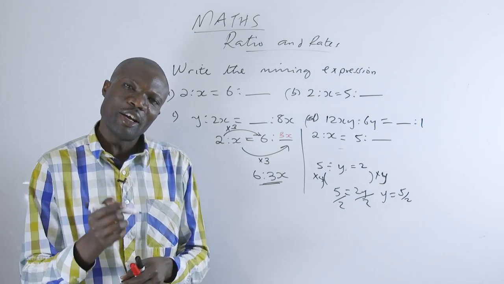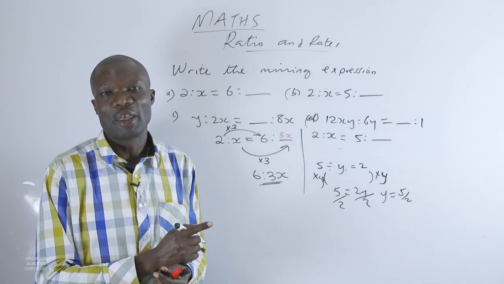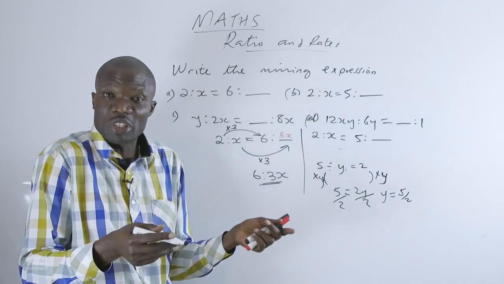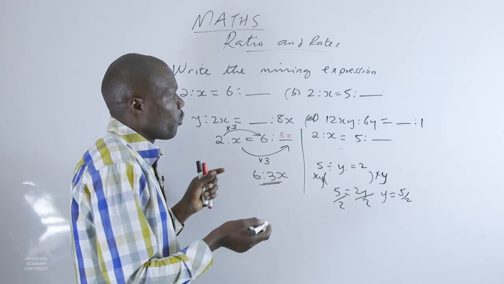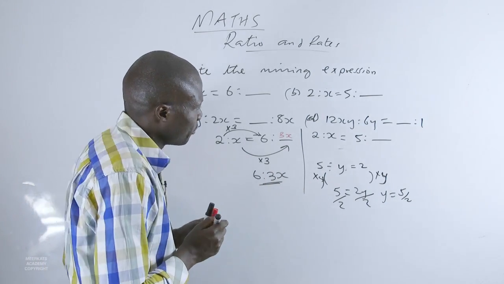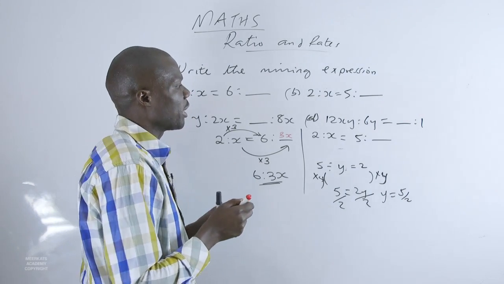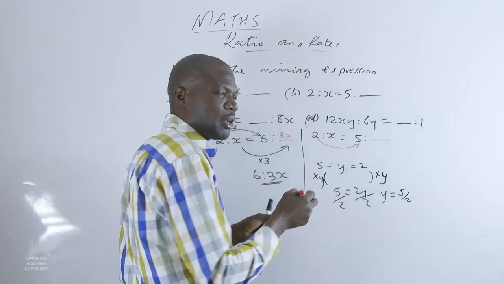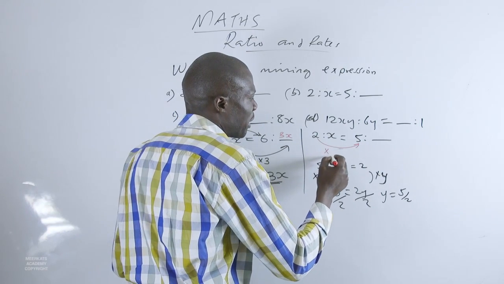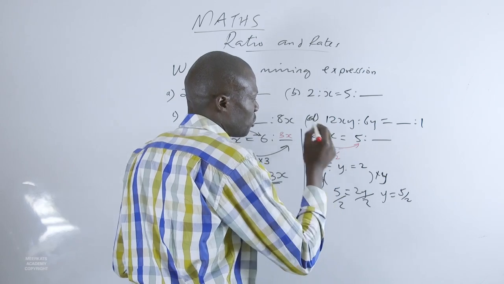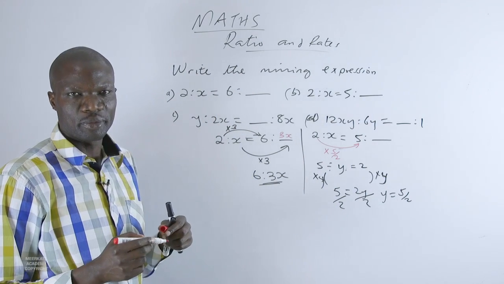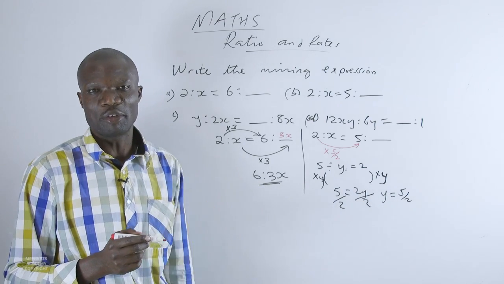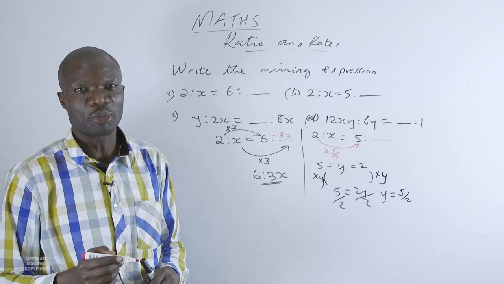So this one, they have not multiplied by a whole number. They have not multiplied by just a fraction, but it is an improper fraction which is a mixed numeral. So for us to get 5, we shall multiply 2 by 5 over 2. Right? This is how we arrived at 5 over 2.